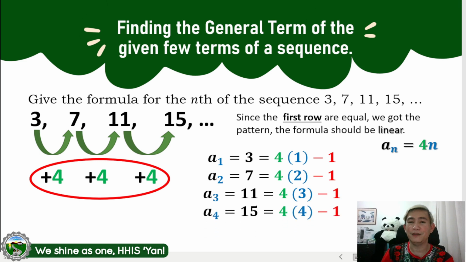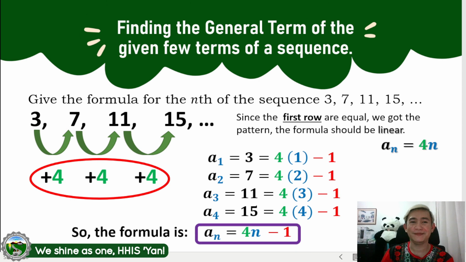And the fourth term, we have to multiply 4 by 4, so that is 16. But our fourth term is 15. So therefore, we have to subtract 1. So the formula in this sequence, 3, 7, 11, 15, is a sub n is equal to 4n minus 1.